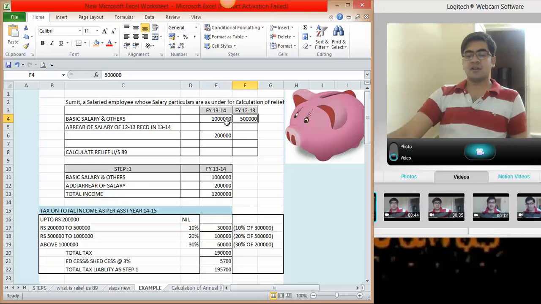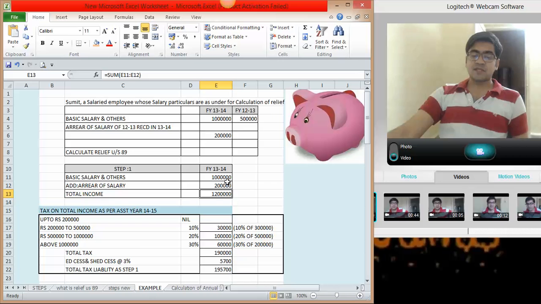Financial year 13-14, income was basic salary and others of 10 lakh, and in this year I have received the arrear salary, so 2 lakh will be included in that, and total income is 12 lakh rupees. According to the slabs applicable for 13-14, 0 to 2 lakh is nil, 2 to 5 lakh is 10%, 5 to 10 lakh is 20%, and above 10 lakhs is 30%.